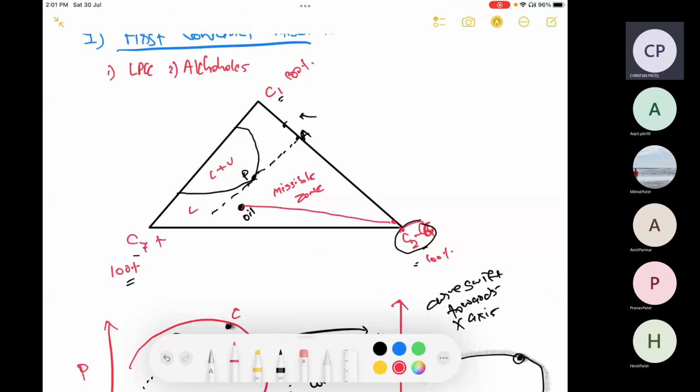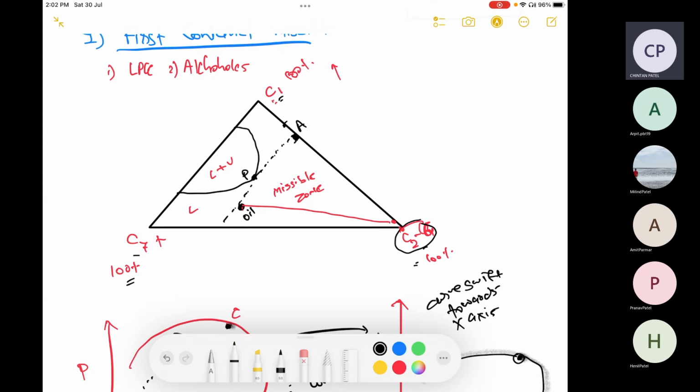And one more thing here: suppose this concentration is increasing, that means this point A shifts upward, because suppose C1 is increasing, then it will go toward that side only, because this is the critical line. Let me draw the critical line once again. It should start from the oil only. Suppose this is my oil, which is on this critical line.